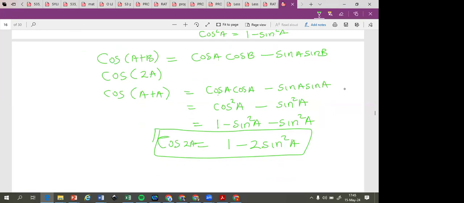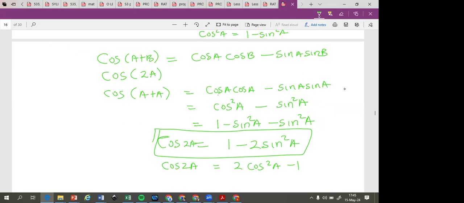That is also an identity. So in case it is in sine, you write it there. In case it is in the form of cos, you need to know it is given as 2 cos squared A minus 1.